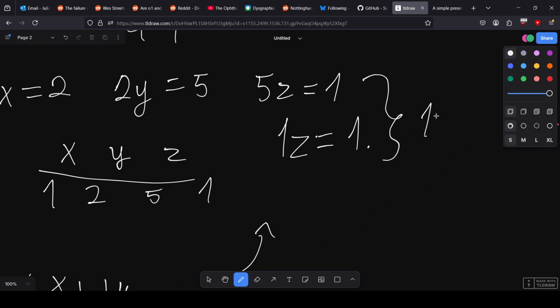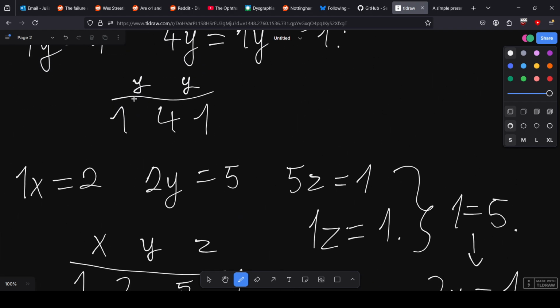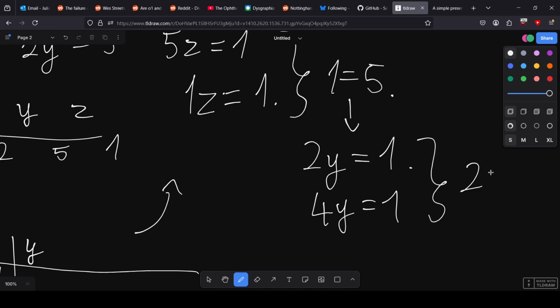That 1 is equal to 5. But that then means that 2y is equal to 1. But again, earlier, with y going from 1 to 4, and 4y going to 1, gives us that 2 is equal to 4. And we don't need either 4 or 5 at all.